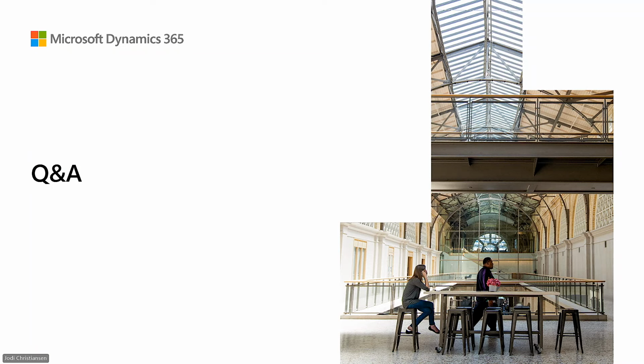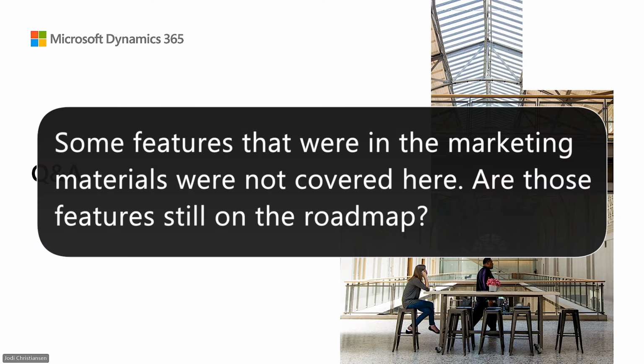Another question was that some of the features shown here today don't necessarily match what's in some of the marketing materials. Like on the purchase order workspace, the marketing video shows the ability to get substitutions, find alternate vendors, and interact through the chat. The ask was, is that still on the roadmap, or has that feature been cut?